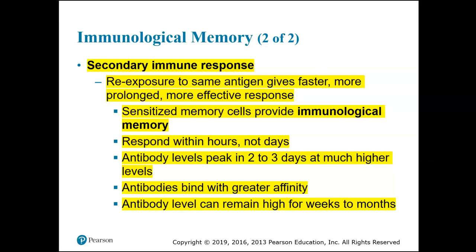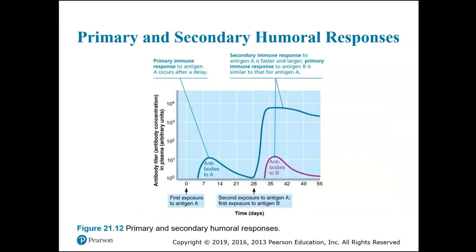In the secondary immune response, which is when you're exposed to the same antigen a second time, you have memory cells that provide immunological memory, and they're able to respond to that particular antigen within hours, not days. The antibody levels don't take 10 days to peak, they only take 2 to 3 days. And they bind with greater affinity, so the binding is a lot stronger.